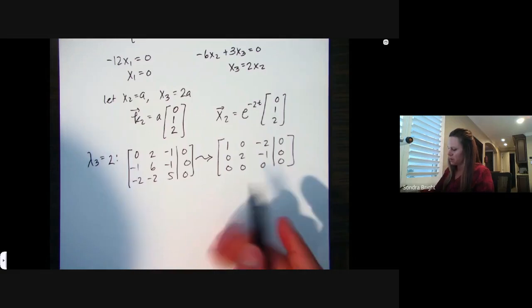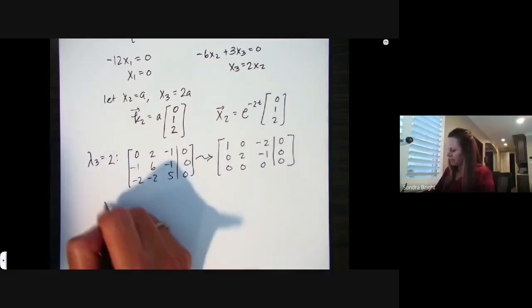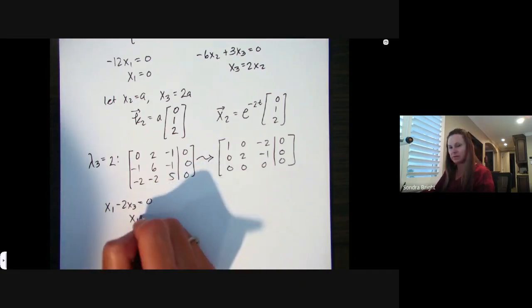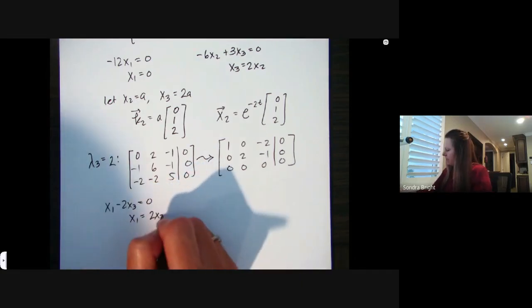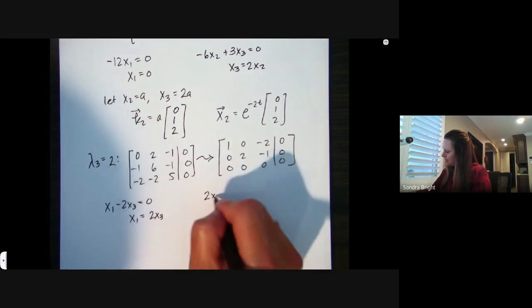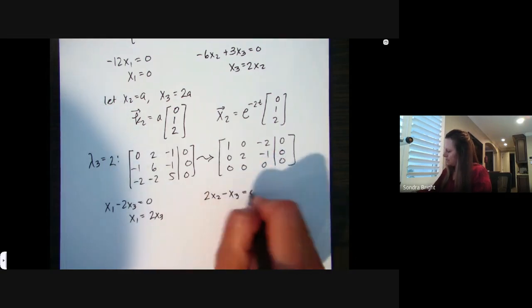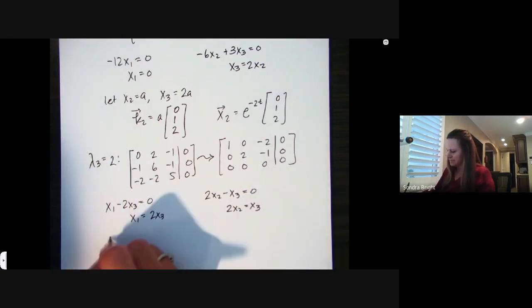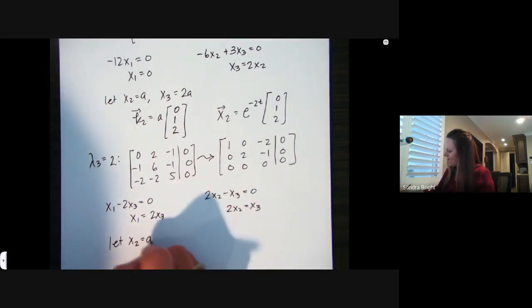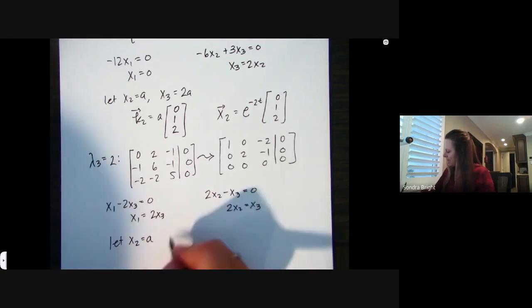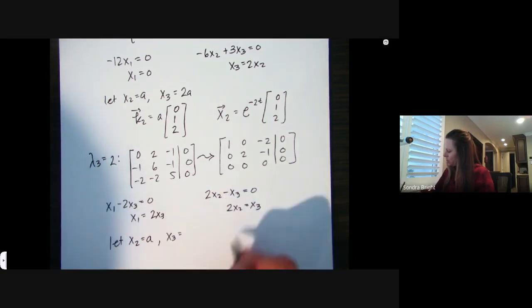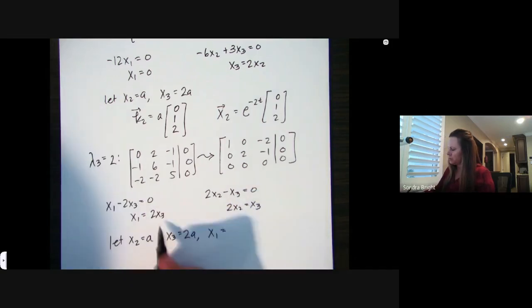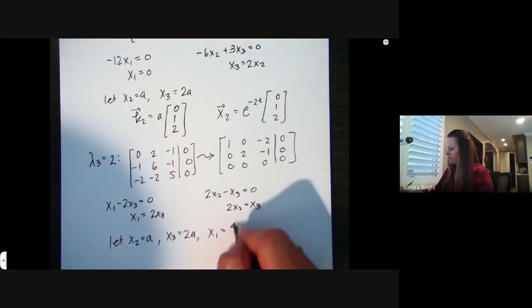All right, so row 1 tells me x1 minus 2x3 is equal to 0, so x1 is equal to 2x3. The second row says 2x2 minus x3 equals 0, and so 2x2 is equal to x3. So I let x2 equal a, which means x3 is equal to 2a, which means x1 would equal 2 times 2a, so 4a.